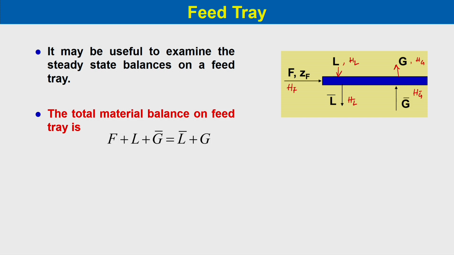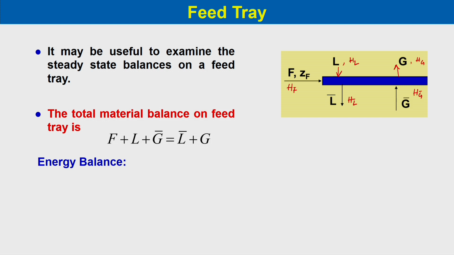For the total material balance on the feed tray, we can write the entering flows, that is F, the feed, plus the liquid from the top tray, L, and the vapor entering from the bottom tray of the feed tray, G bar, which is equal to the liquid leaving the tray, L bar, plus the vapor leaving the tray, G. So, this is the total material balance on feed tray.